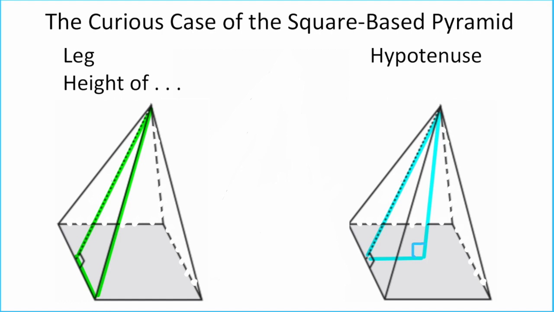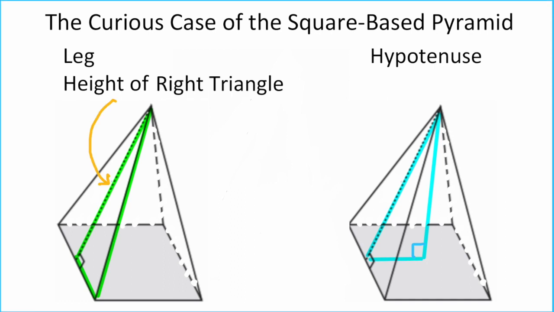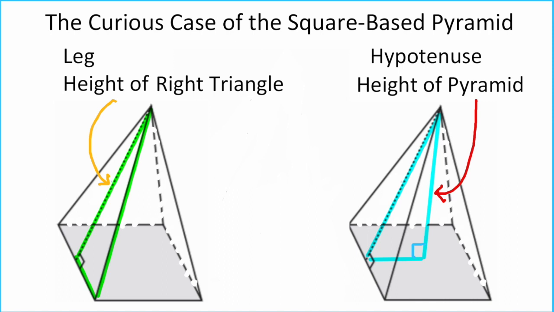And that's what makes this kind of the curious case, that dashed line is both the leg of a right triangle and the hypotenuse of a right triangle.